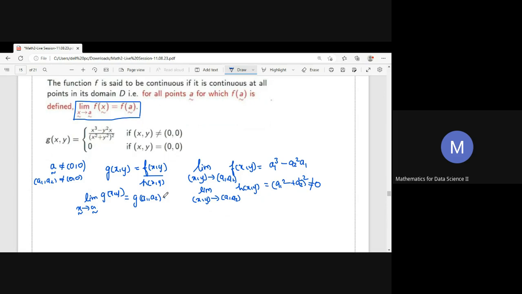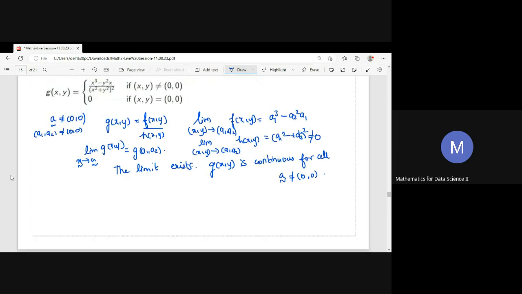So this limit exists. It means g of x comma y is continuous for all non-zero values.